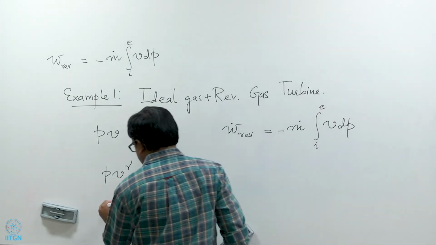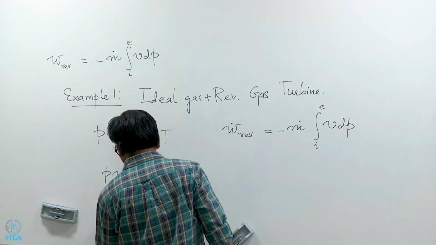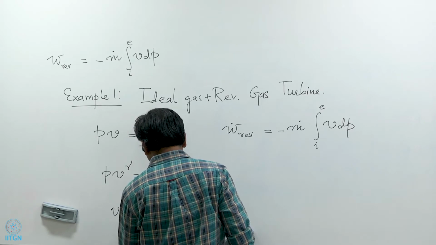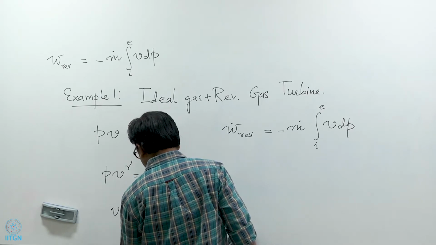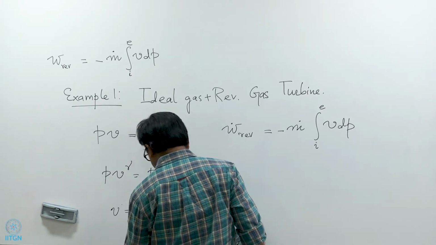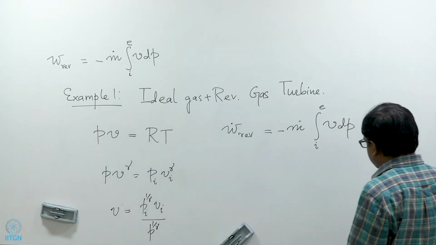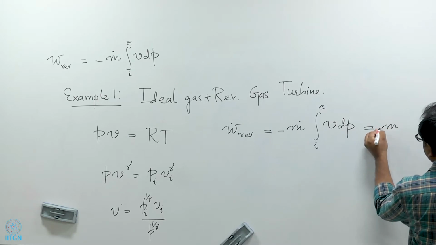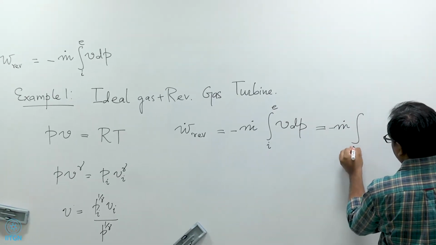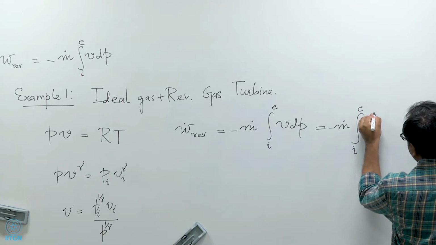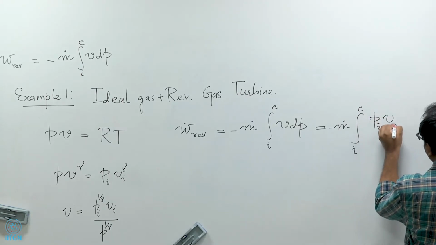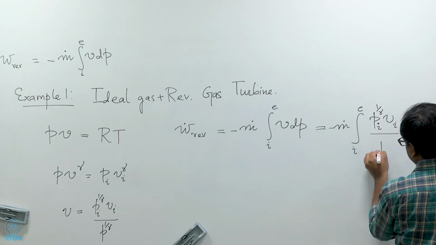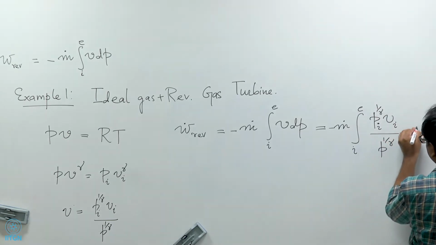I can now say that V equals Pi to the power 1 by gamma times Vi divided by P to the power 1 by gamma. Let us substitute that here and see what we get. This is minus m dot integral I to E of Pi to the power 1 by gamma Vi by P to the power 1 by gamma dP.